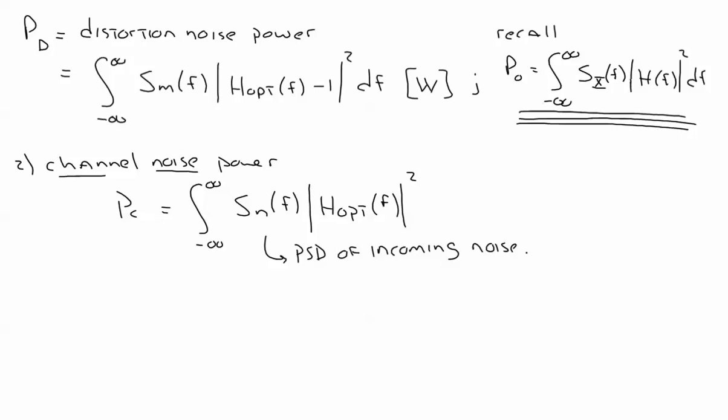So the total noise power at the output of my linear system is going to be the distortion noise power plus the channel noise power. All right, let's go to the next page and expand that out. Adding the channel and distortion noise powers gives me the following.